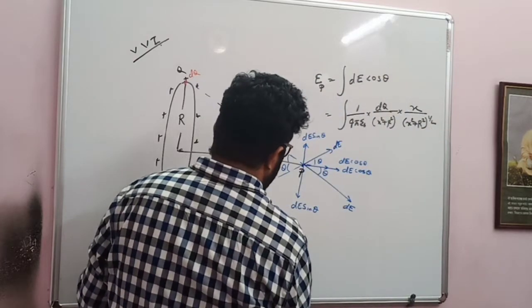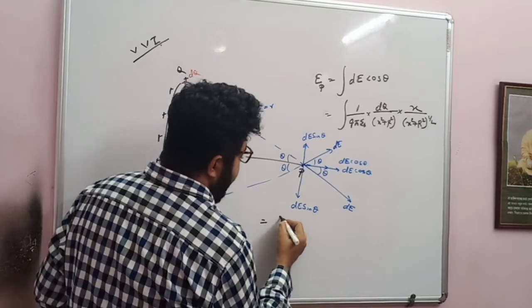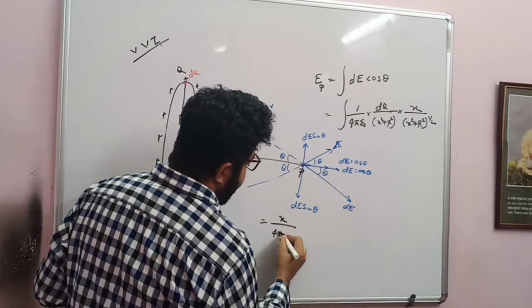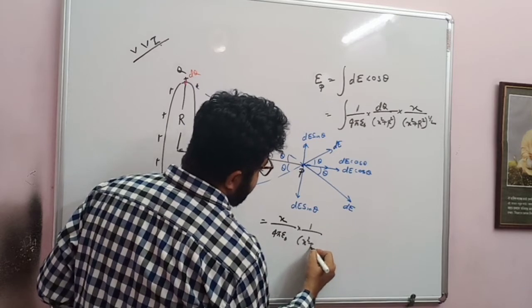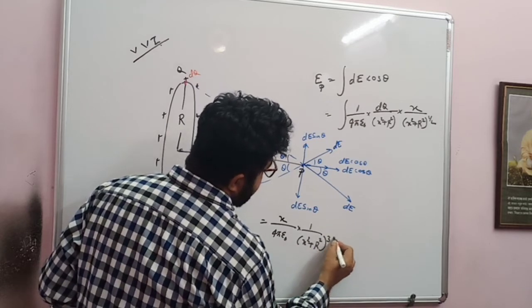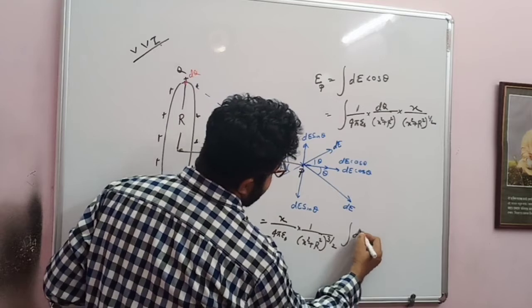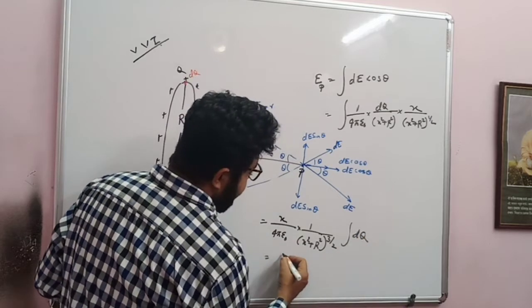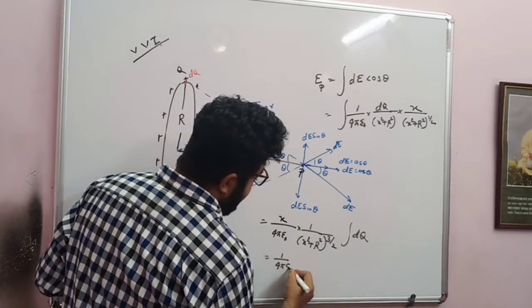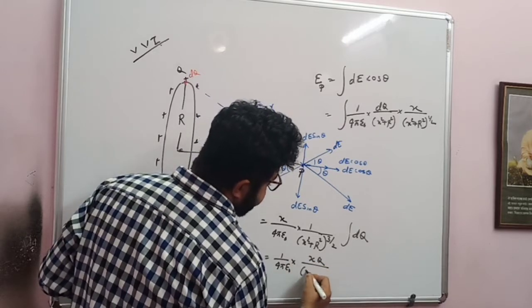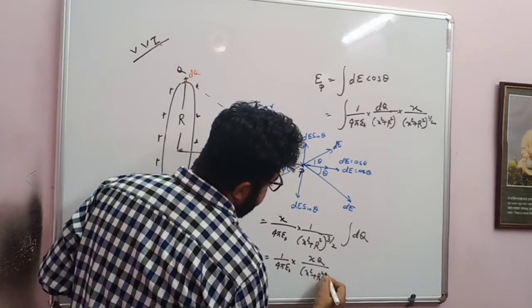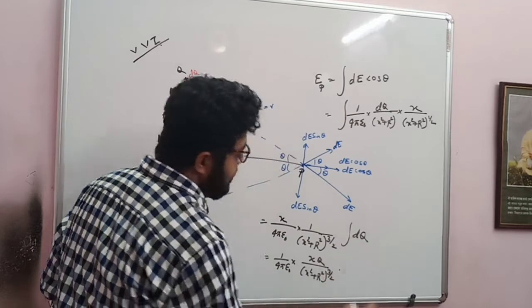So मेरे पास क्या आया, x को बाहर किया, 4 पाई एप्सिलॉन नॉट को बाहर किया, 1 by (x square plus r square) to the power 3/2 को बाहर किया, मेरे पास आया dq, और इंटीग्रेशन ऑफ dq इज q, तो 1 by 4 pi epsilon naught x q by (x square plus r square) to the power 3/2.